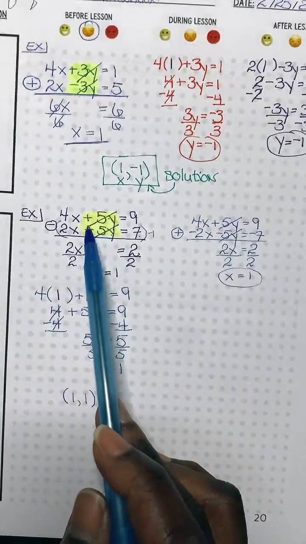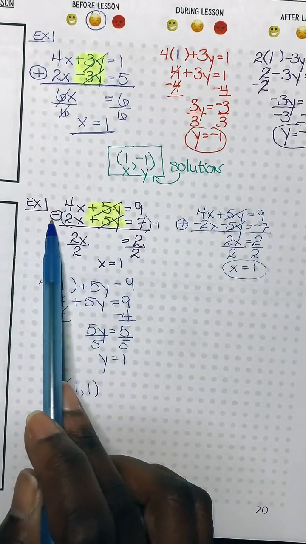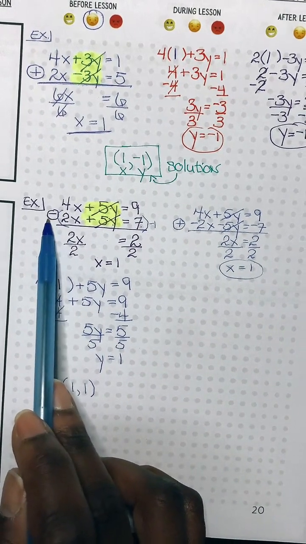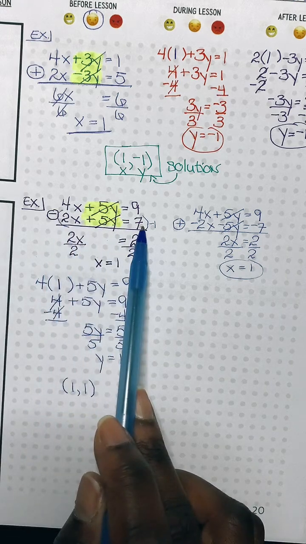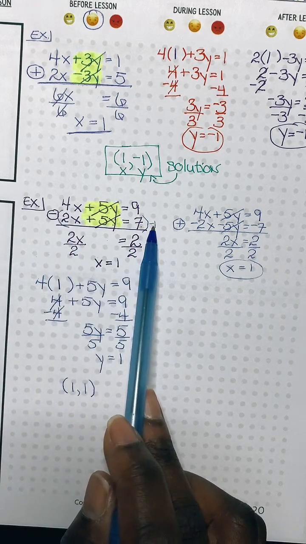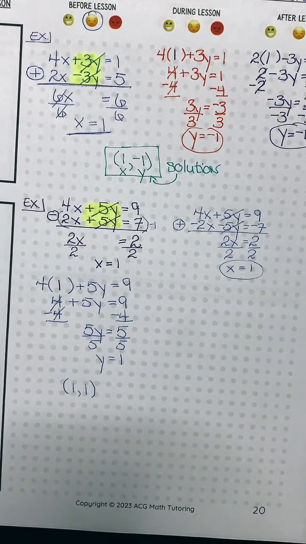But when it's the same numbers, same signs, I would subtract. But if you don't want to do this whole process, you can just multiply your bottom equation by -1, and then you could just stick to the adding. So that's just one way of doing it, Shelley.